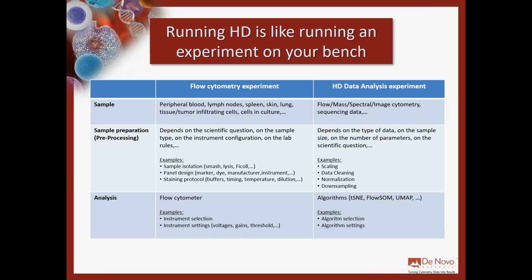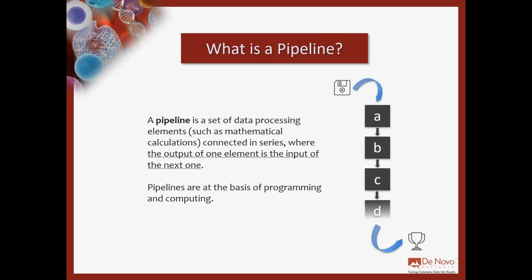So again, today and tomorrow, we will spend time going through the sample preparation, pre-processing. This is all formally executed by creating and running something called a pipeline. A pipeline is nothing else than a series of calculations, a series of mathematical steps. So it's exactly what you do with an experiment on the bench.